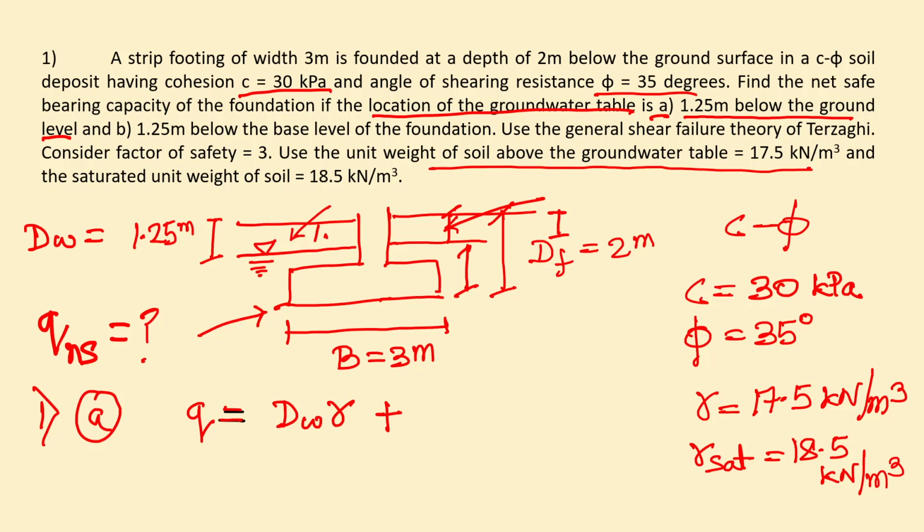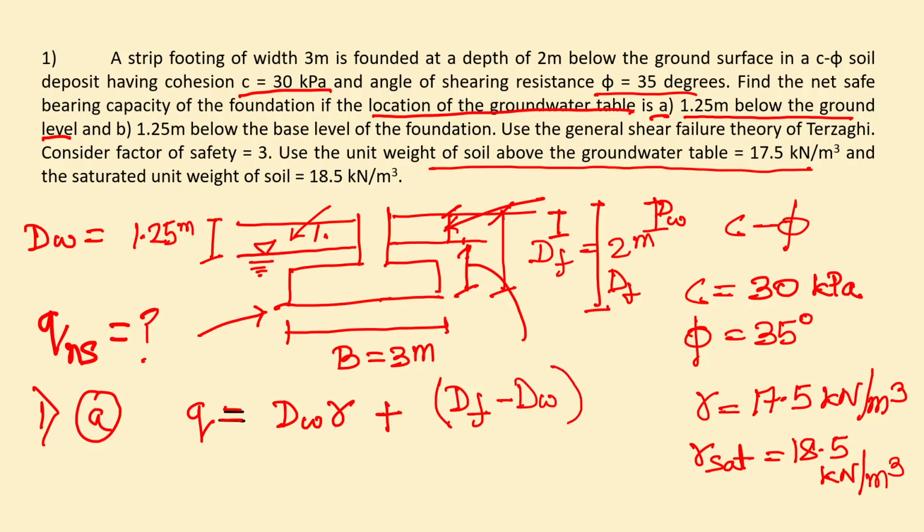What is the depth of this part? This one is total Df, and this one is dw. So only this portion will be Df minus dw.